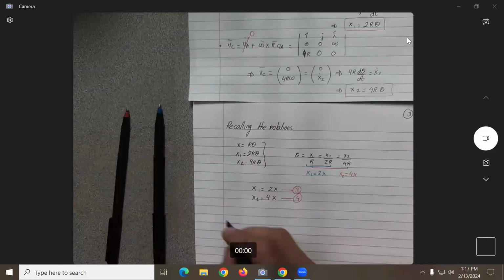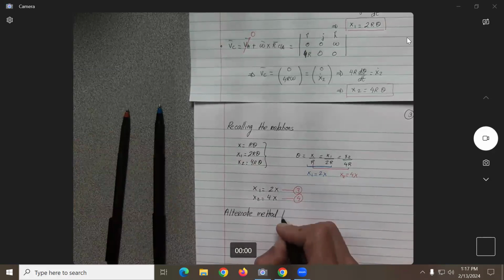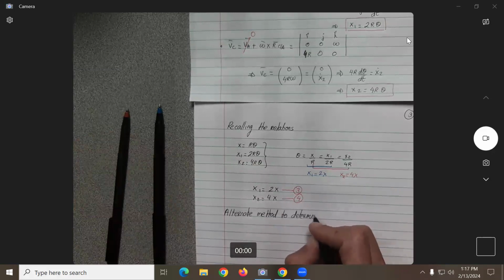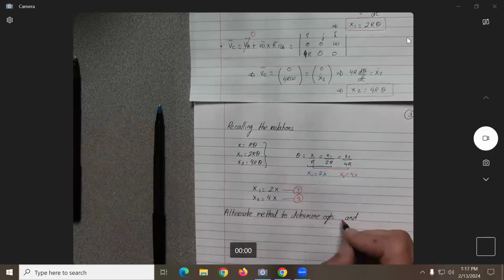So let's say an alternate way to determine equations 3 and 4.